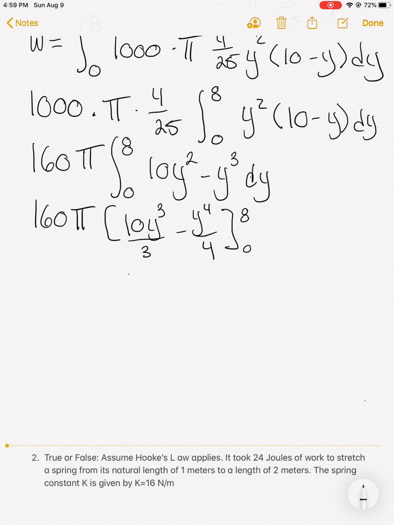So now we can just plug in 8 anywhere we see a y, because anything times 0 would be 0. So it will become 160 pi, 10 times 8 to the 3rd over 3 minus 8 to the 4th over 4.